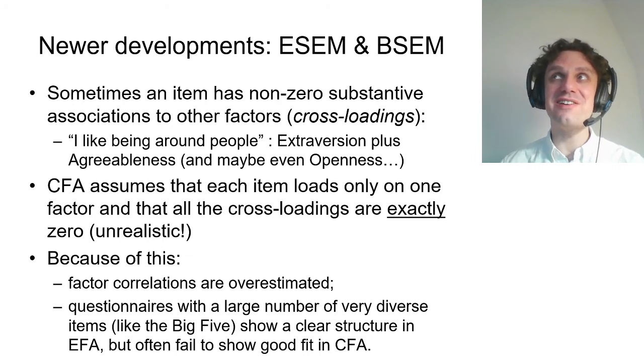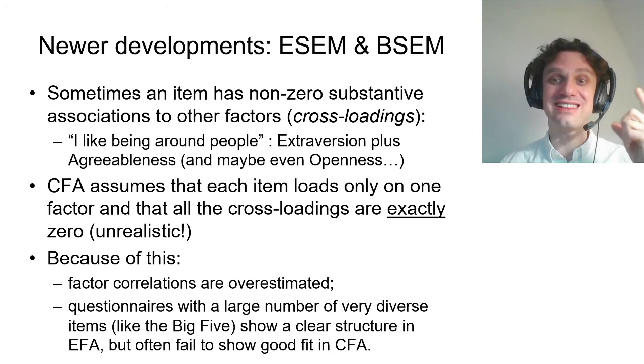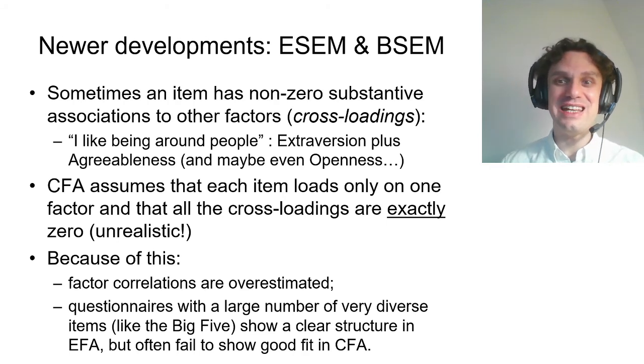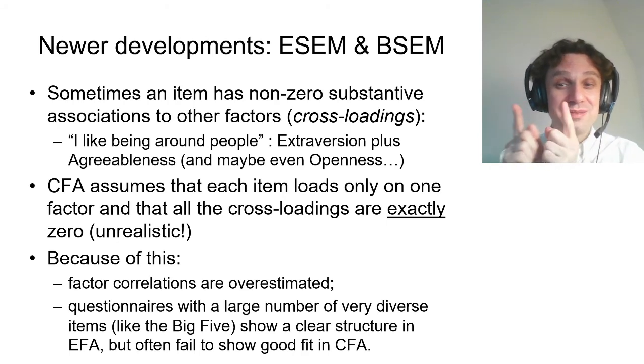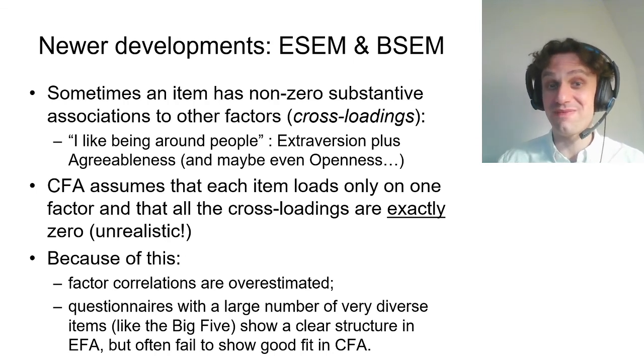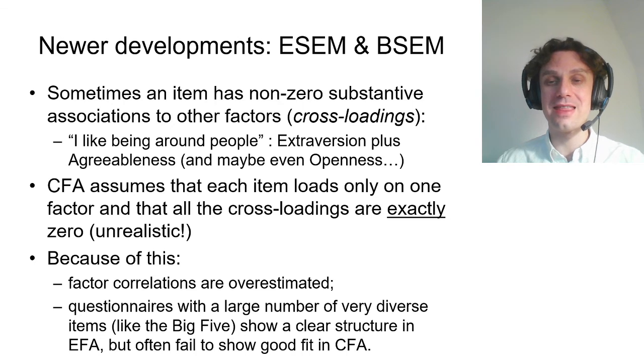And even if a question is not related to a factor, its loading might not be exactly zero just because of sample bias. And we need to introduce this possibility for the loading to wiggle a little bit around zero into the model in order for our model to fit the data better.